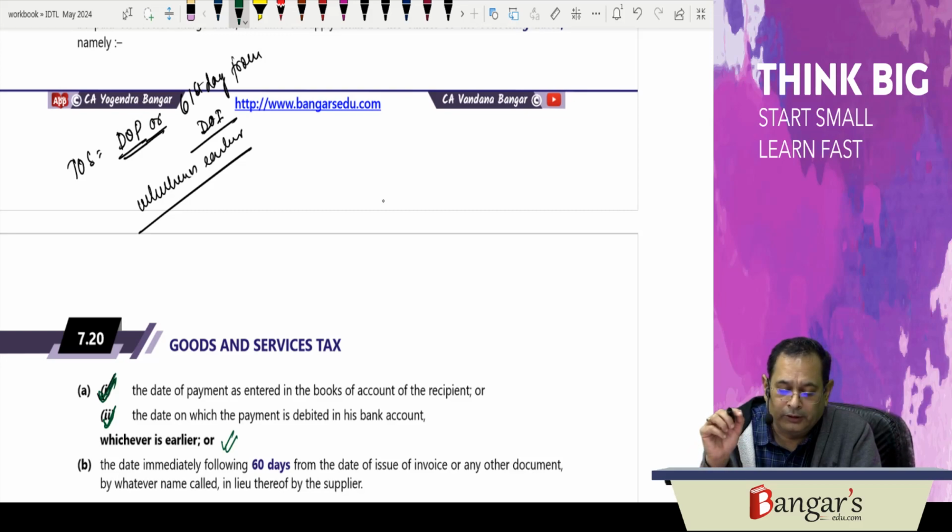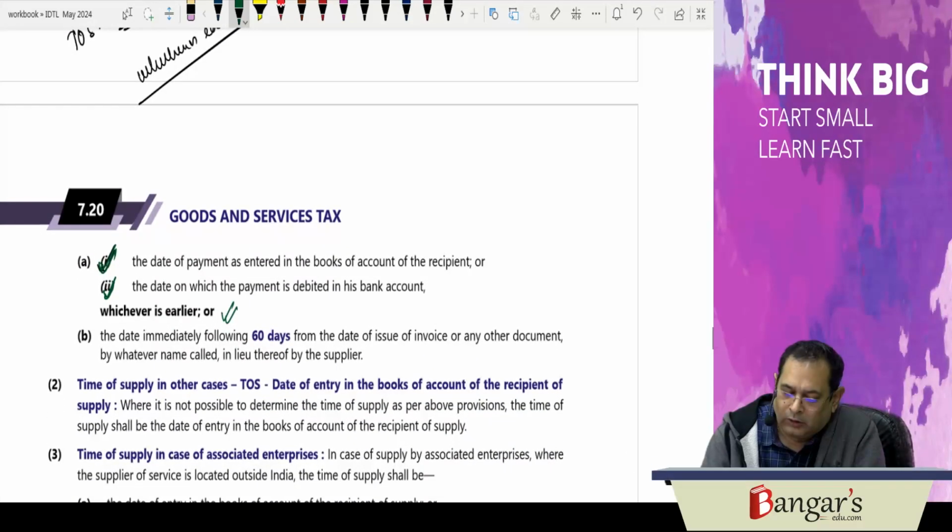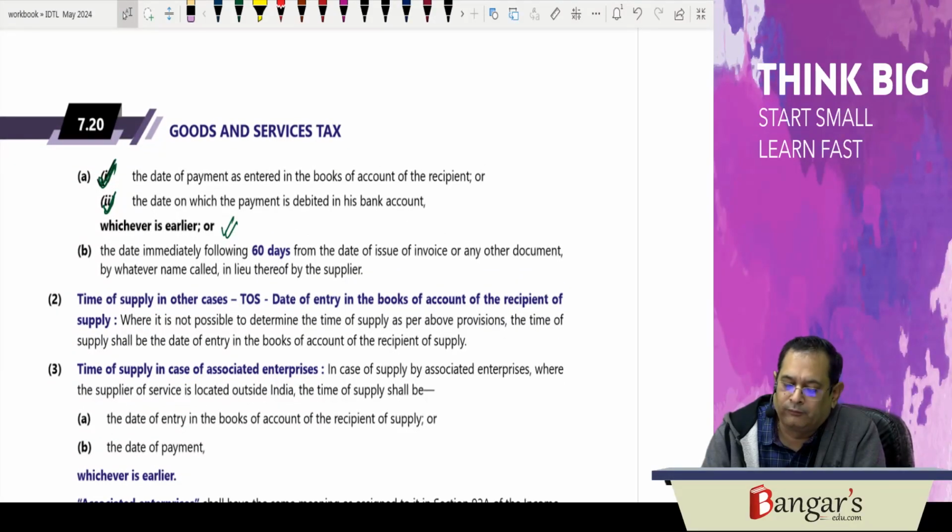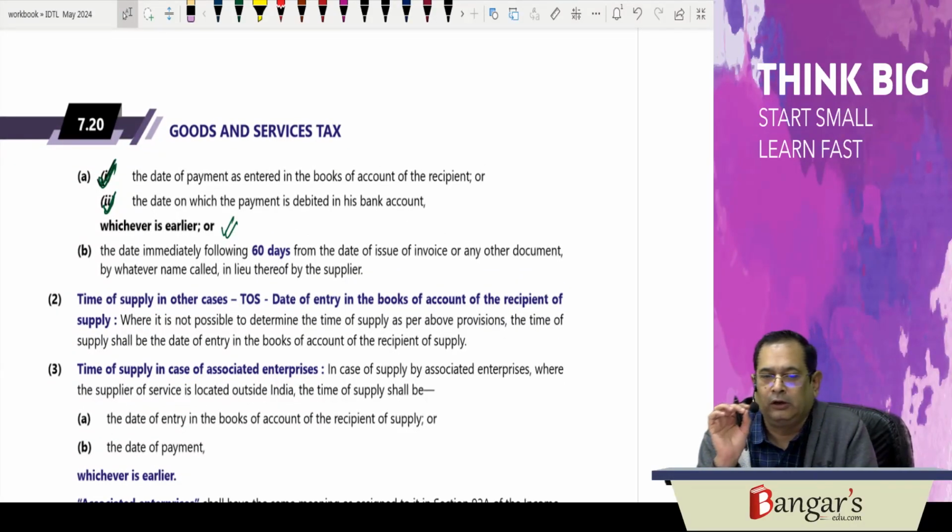Or the date immediately following 60 days from the date of issuance of invoice or any other document in lieu thereof by whatever name called. That is, the 61st day from the date of invoice.